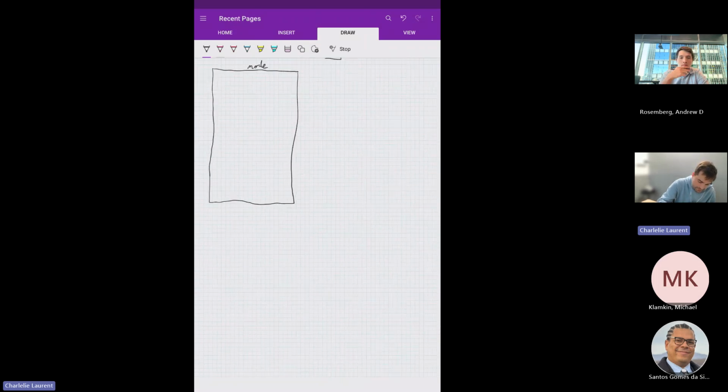And let's say we have 2 GPUs on the node. So this is a GPU. And we have a CPU as well.